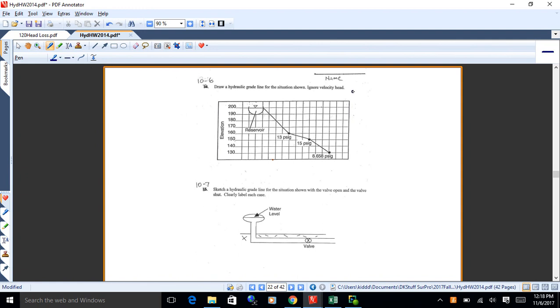So for instance, you'll take 13 psi times 2.31 feet per psi and convert that over, and that comes out to be 30 feet. So from there you go from 13 up to 30 and put a dot there. That's an elevation point, and then connect the dots. Do the same thing for the other two, and you'll get the hydraulic grade line.